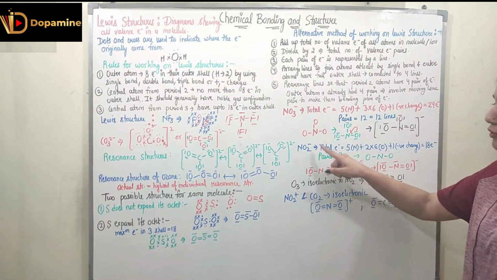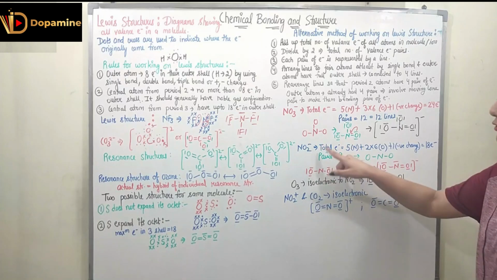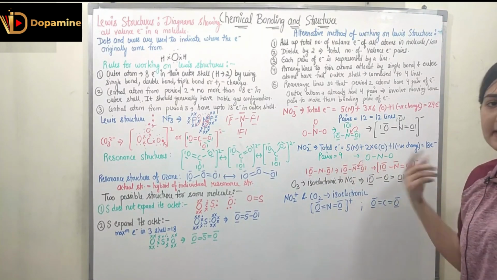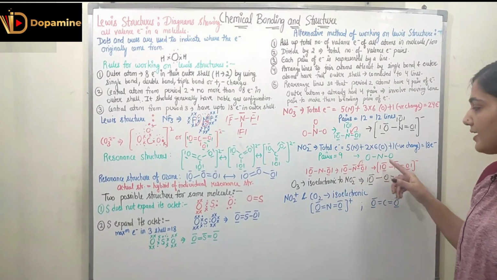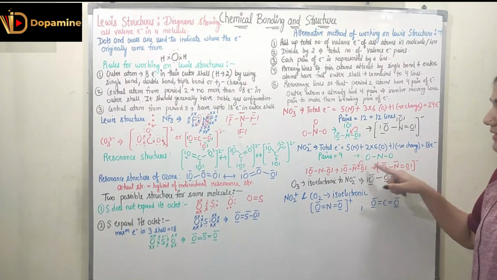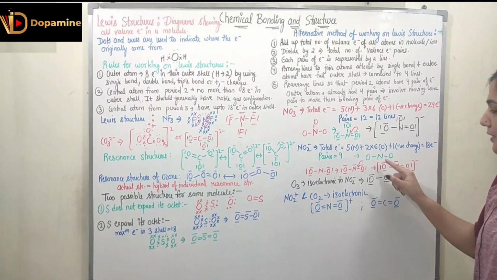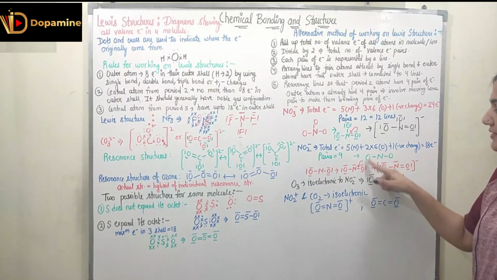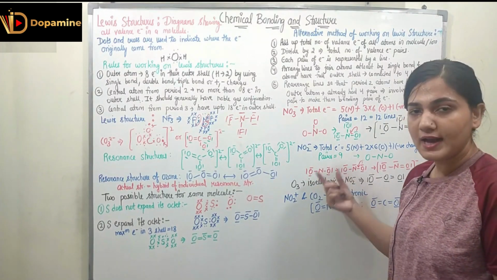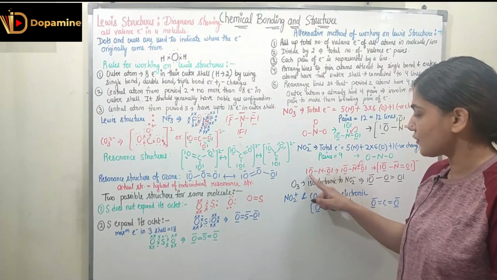Now coming to the NO2 negative. In the NO2 negative we have a total of 18 electrons. Now 18 electrons means we have 9 pairs, so if I connect 1 line between N and O, we will have a representation like this. After that we have to make all 4 lines on the outer atoms, that is oxygen.